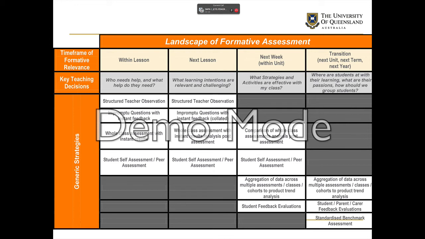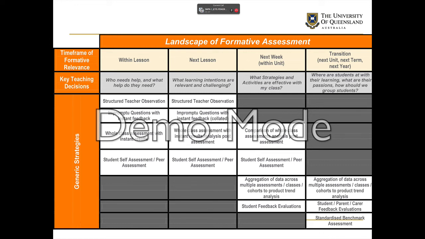It's about whole class assessment, and students using self-assessment and peer assessment. But then within the next lesson, it's what are the key teaching decisions and how am I going to use those decisions to inform my assessment? There are some examples there of the sort of teacher feedback that you can give to the students, and then what strategies and activities are effective in the class.